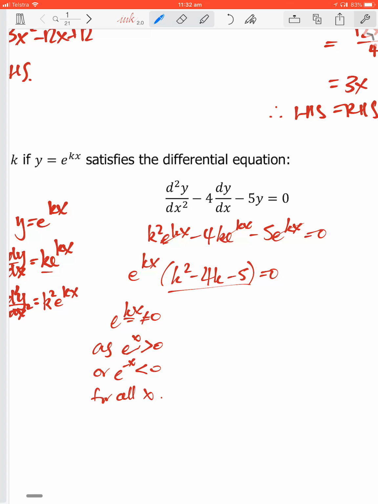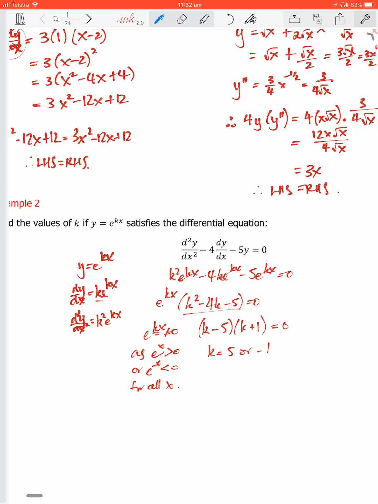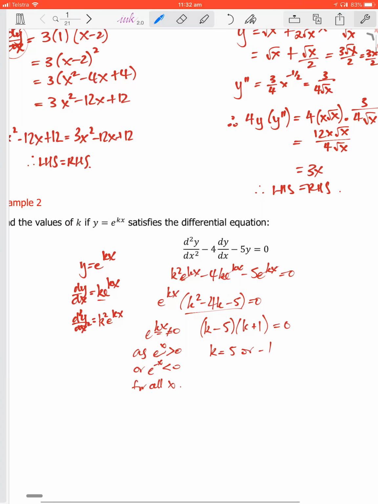So then we solve this: (k minus 5)(k plus 1) equals 0, k equals 5 or negative 1. So if k equals 5 or negative 1, it will satisfy this equation. There are no values of k that wouldn't make it correct, so it can be either 5 or negative 1.